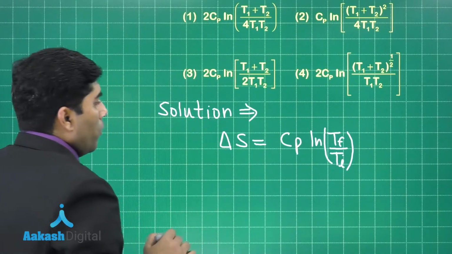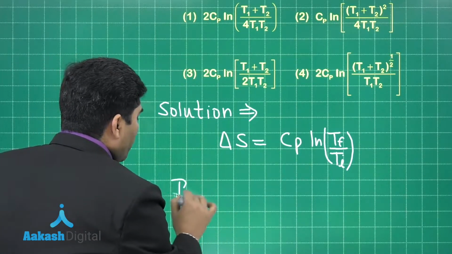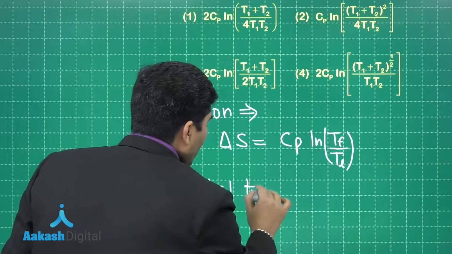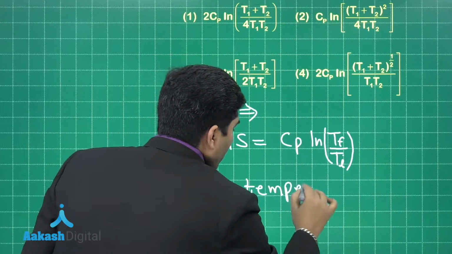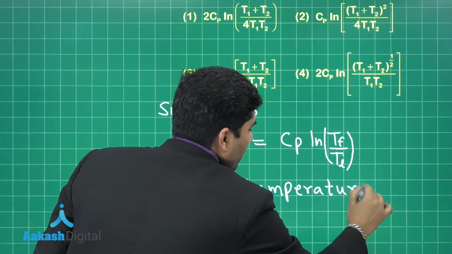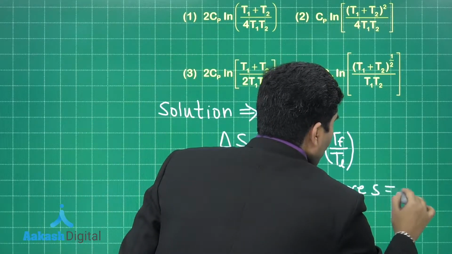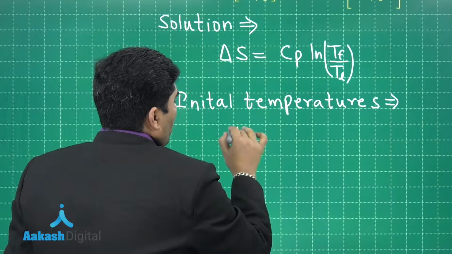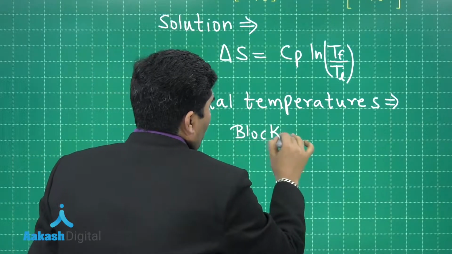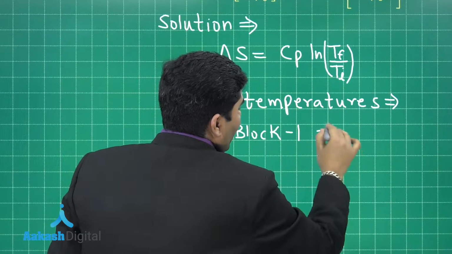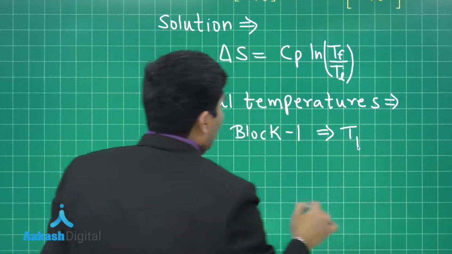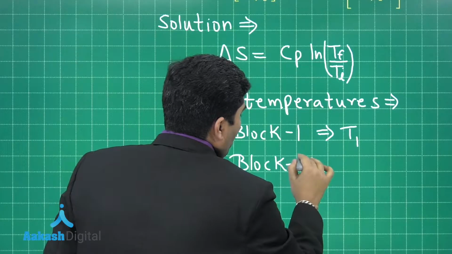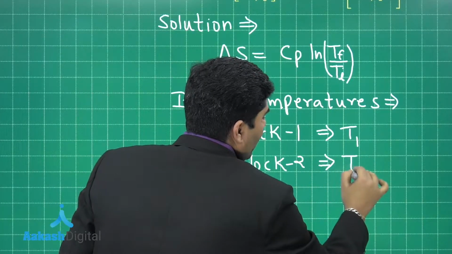Now, the initial temperature for block 1 is T1, and for block 2 it is T2.